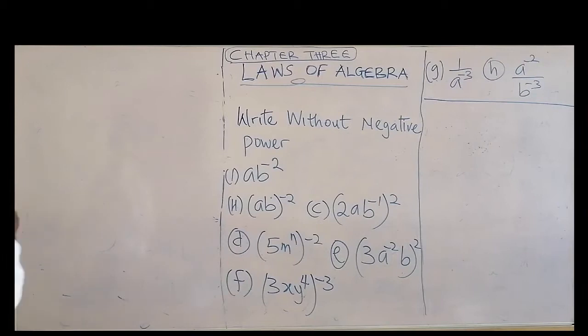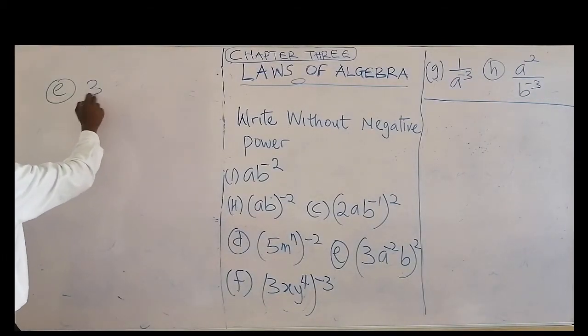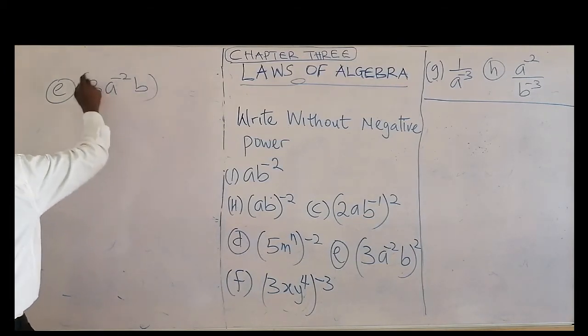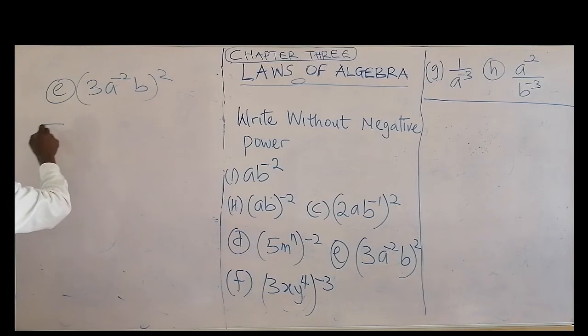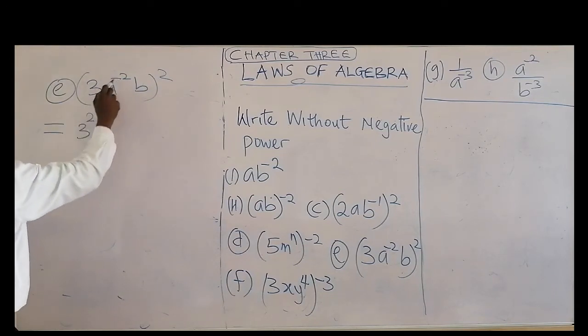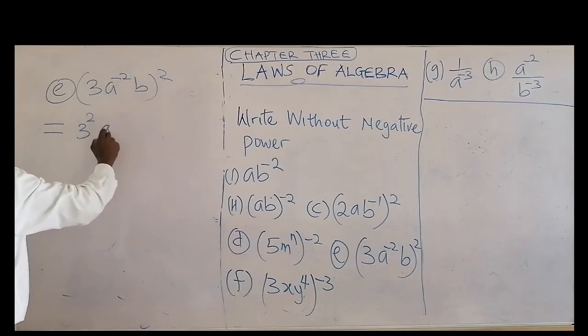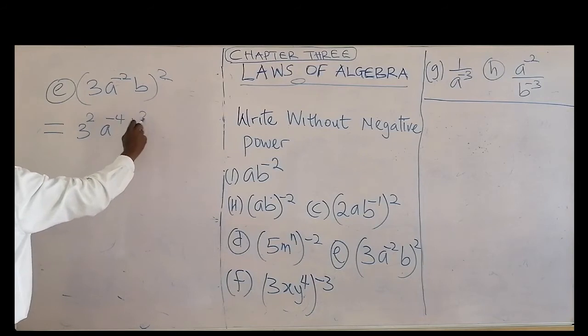Okay? Then the E part. We have this question. So this implies 3 to the power 2. Then this will be minus 2 times that 2, that's a to the power minus 4, and then b squared.